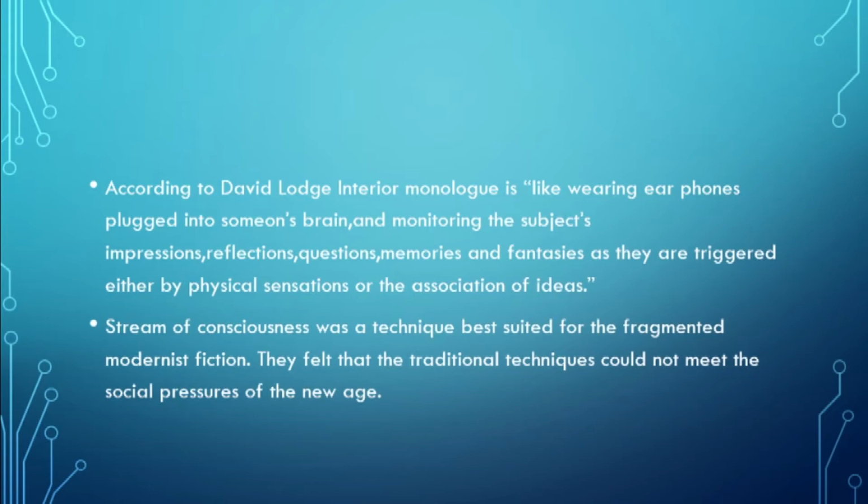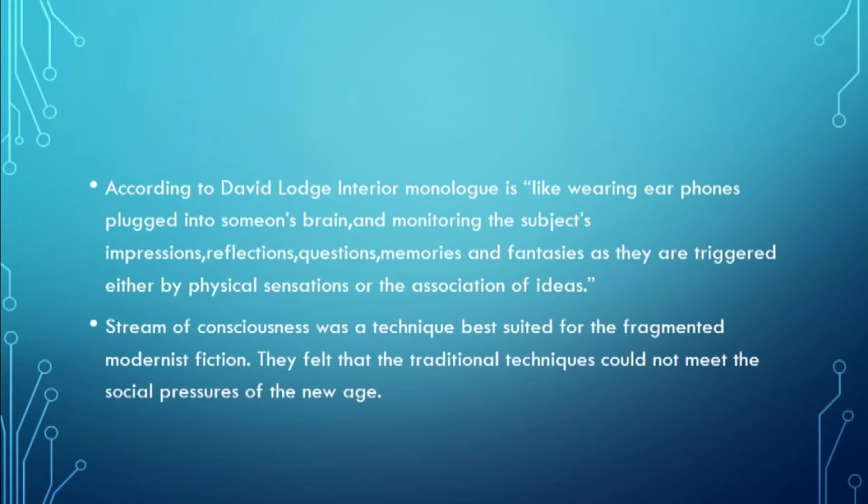What is the peculiarity of the modern writings? I already told you that stream of consciousness is a literary technique used in the modern writings. What is the peculiarity of the modern period? Everything is in a state of fragmentation. There is no stability because of the impact of two world wars, the first and the second.